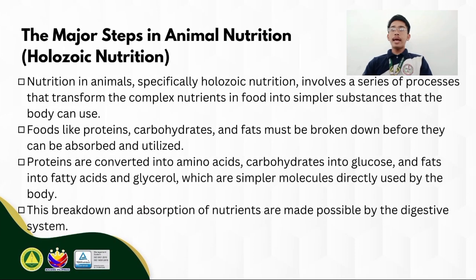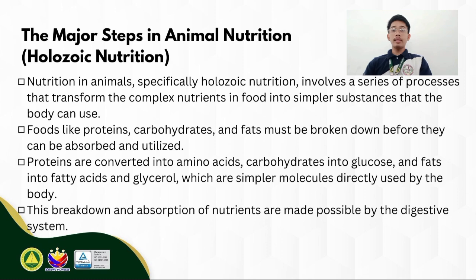Nutrition in animals, or the holozoic nutrition, also has major steps. Nutrition in animals, specifically holozoic nutrition, involves a series of processes that transform the complex nutrients in food into simpler substances that the body can use. In simple terms, holozoic nutrition is all about eating solid food and breaking it down into smaller, usable pieces.